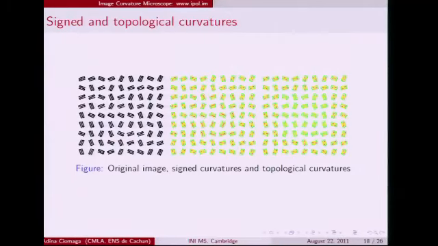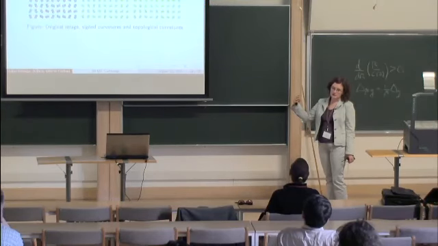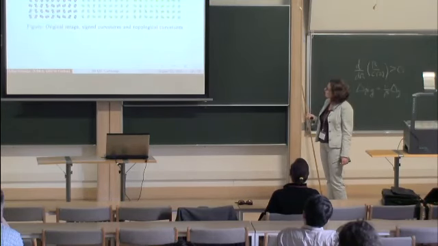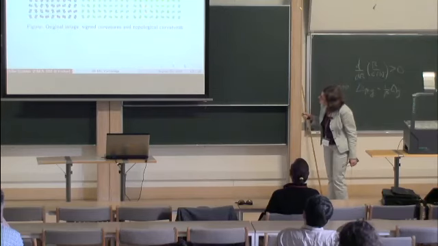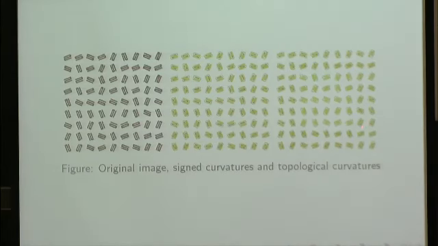When we try to compute the curvatures by the scalar, or by the 2D differential operator, we get this figure in the middle. So you will have alternations of green and red. Whereas if you compute the topological curvature, meaning that the positivity is given by the convexity or the concavity of the curve, in the middle you will have the 10s, for which we have only green and yellow displayed.